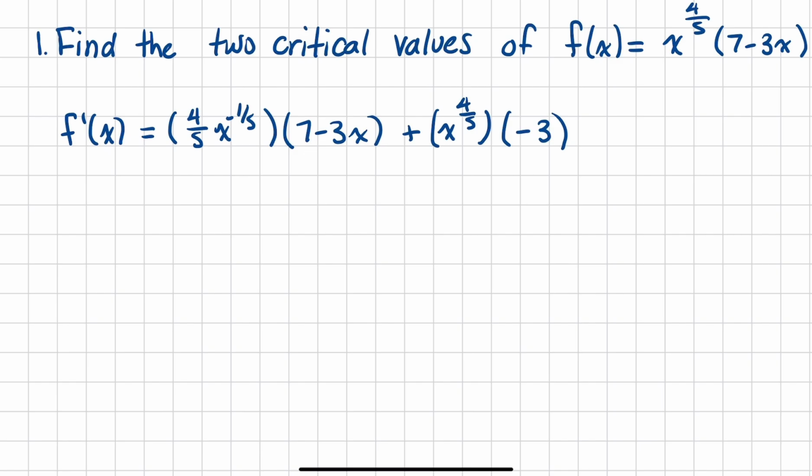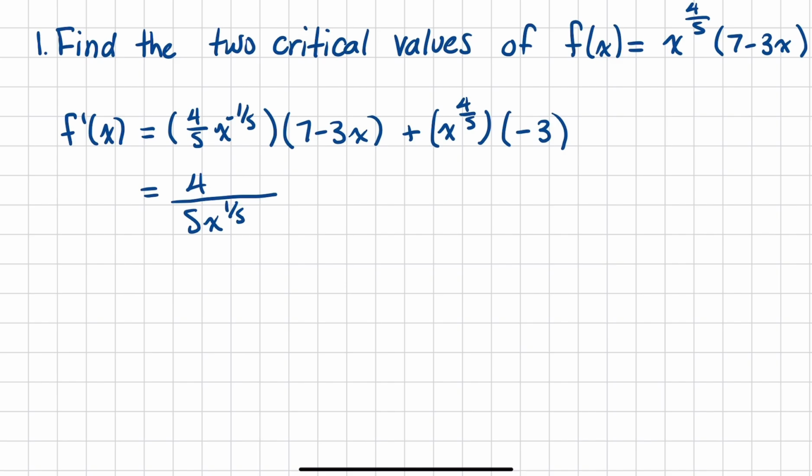Now, if we try to simplify this, I see that I have an x to the power of 1 over 5 here. I could simply just change this into 1 over x to the 1 over 5. So let's go ahead and do that right now. This is going to actually give me 4 divided by 5x to the 1 over 5.